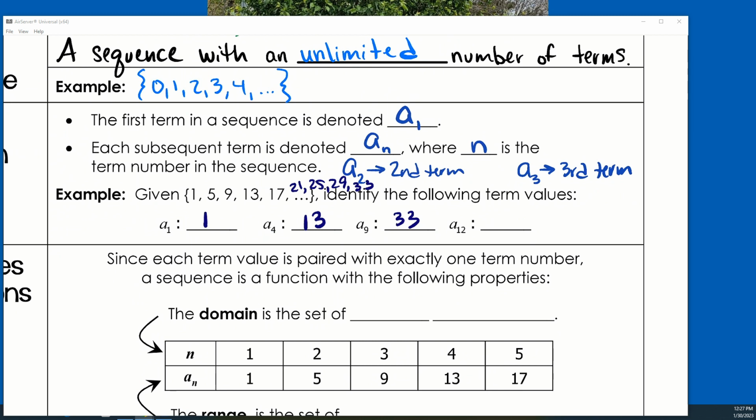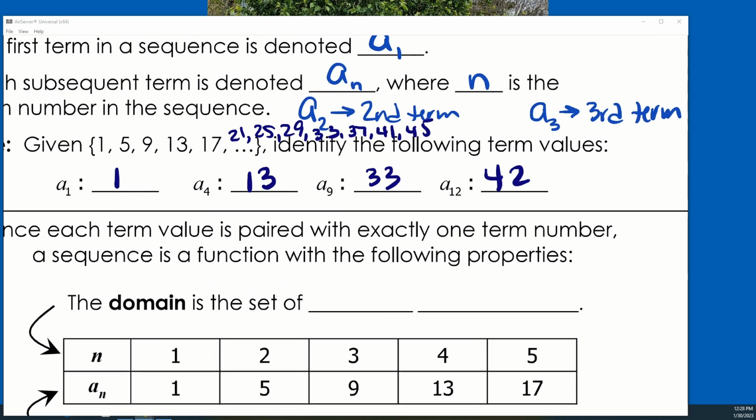Then I'm just going to keep on adding 4 until we get to the 12th term. So the 12th term is going to be 45. I just wrote my 5 upside down.